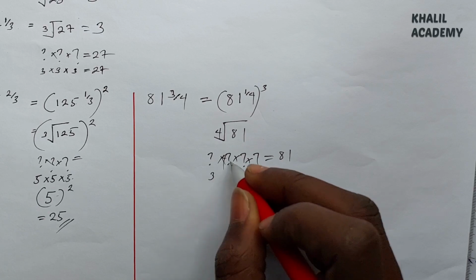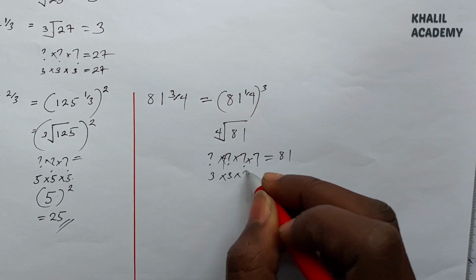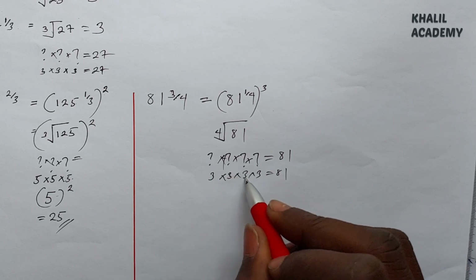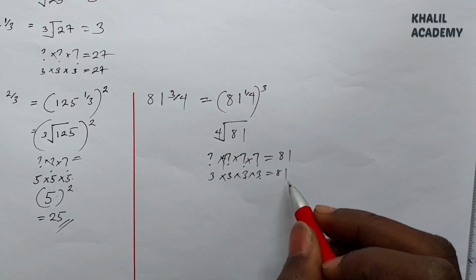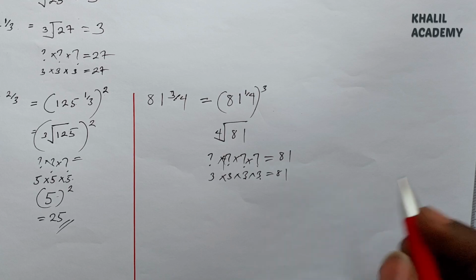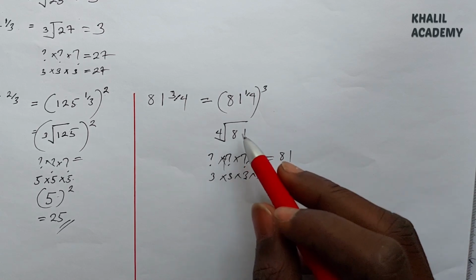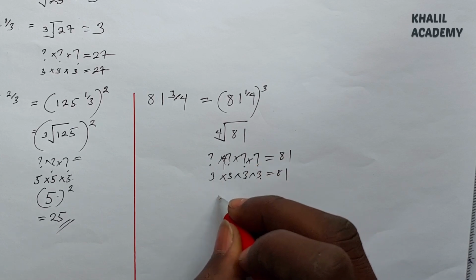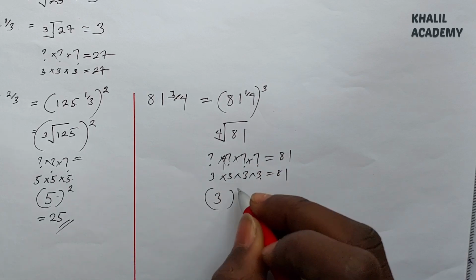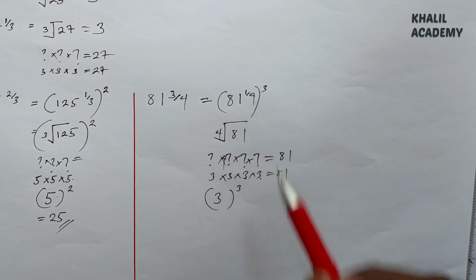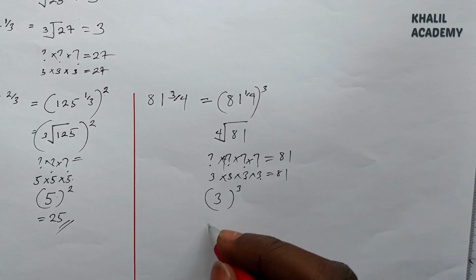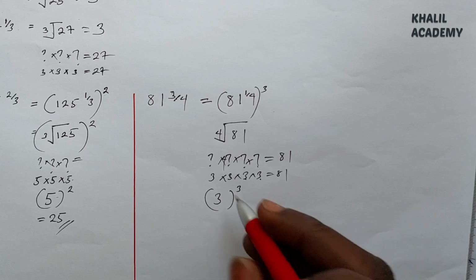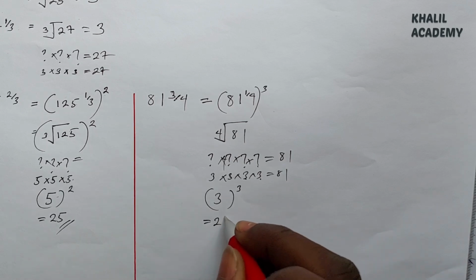So 3 times 3 times 3 times 3 is equal to 81. 3 times 3, 9. 9 times 3, 27. 27 times 3, 81. So the fourth root of 81 is 3. So we're going to have 3 raised to the power of 3. 3 raised to the power of 3 is 3 multiplying itself 3 times, which is 27.